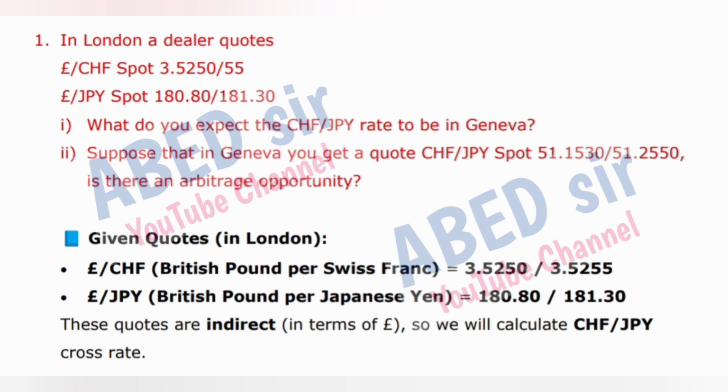Given quotes in London, pound to Swiss franc, British pound per Swiss franc, is equal to 3.5050/3.5055. Pound to Japanese yen, British pound per Japanese yen, is equal to 180.80/181.30. These quotes are indirect, in terms of pound, so we will calculate Swiss franc to Japanese yen cross rate. 1.